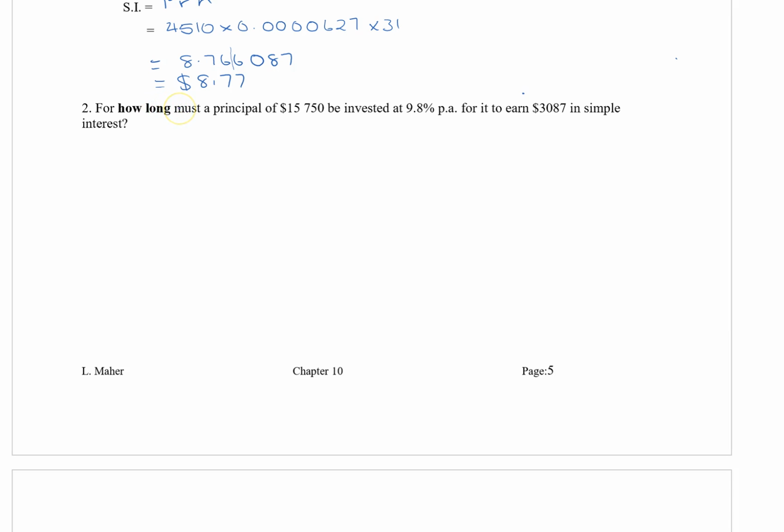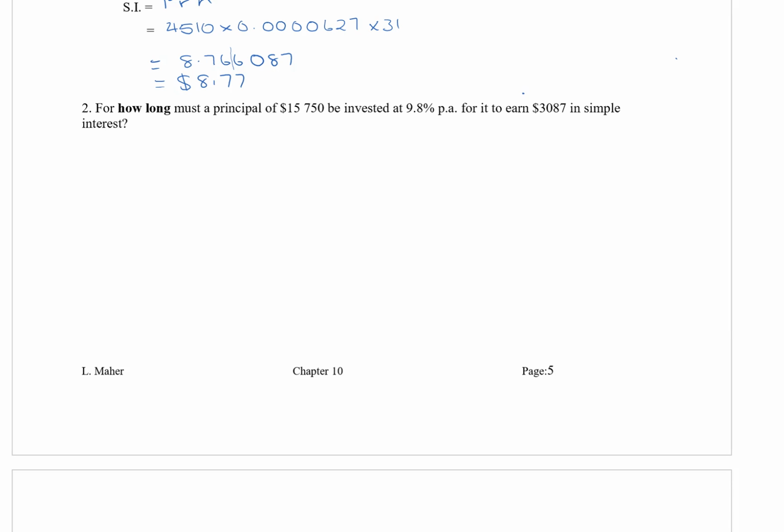N measures how long in our simple interest formula. Must a principal of 15,750 be invested at 9.8% per annum for it to earn 3,087 in simple interest? Interesting, we already know how much simple interest has been earned.